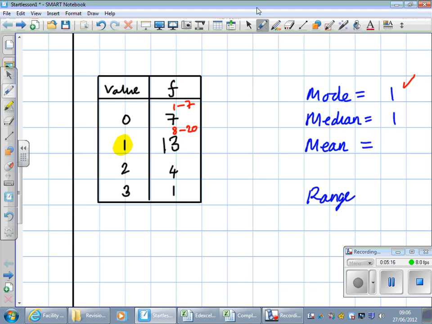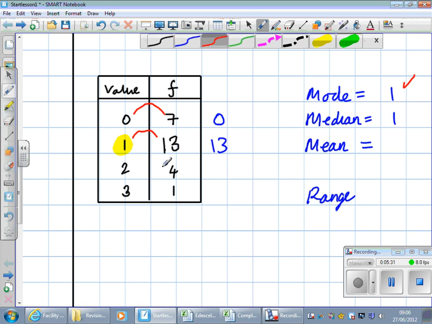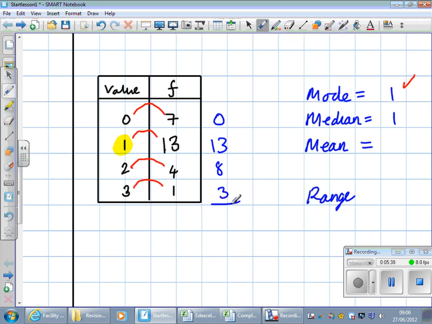Now the mean. Watch what I do. 7 lots of 0 add up to 0. 13 lots of 1 add up to 13. 4 lots of 2 add up to 8. And 1 lot of 3 adds up to 3. So what do they all add up to? Total up this column to give us 24.